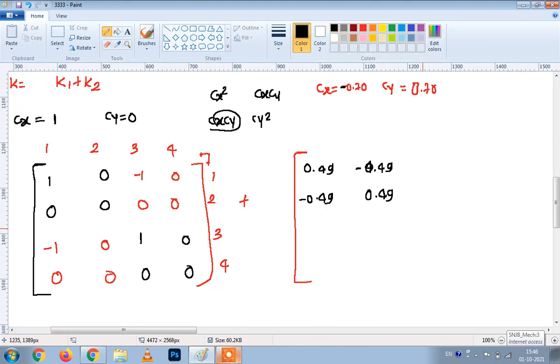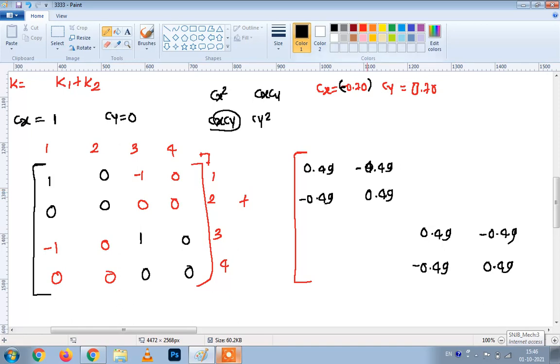So I am repeating this value here, 0.49, which is Cx square. I am again repeating, it was minus 0.70, so its square will be plus 0.49, here 0.70 into 0.70, and since one has the minus sign, it became minus 0.49, again 0.49, and here 0.49.